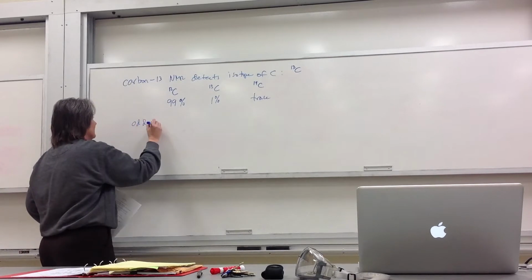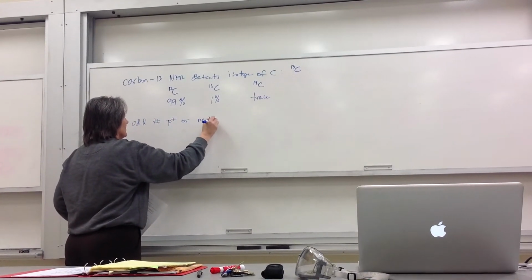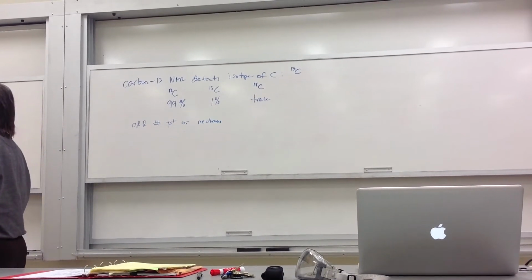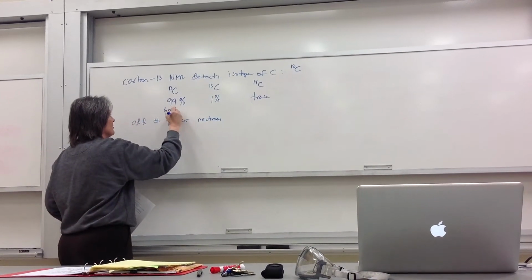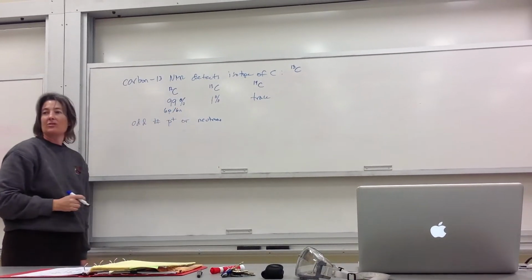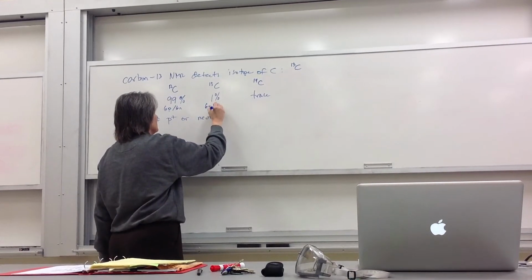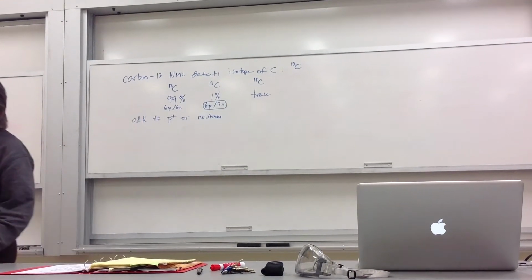Remember that? So carbon has 6 protons. So this guy, carbon-12, 6 protons, 6 neutrons. No go. Carbon-13, 6 protons, 7 neutrons. So it satisfies the criteria.